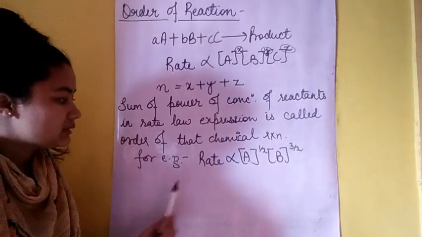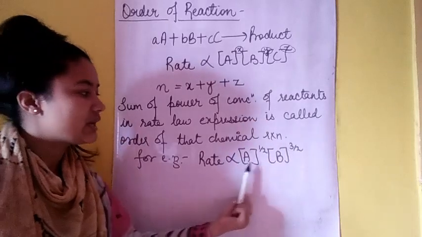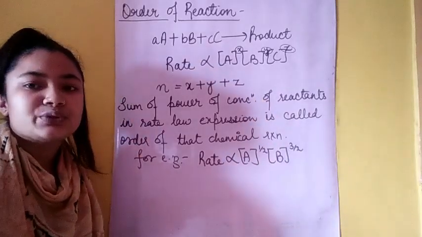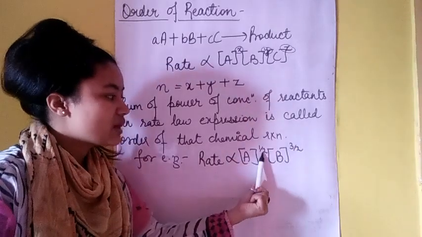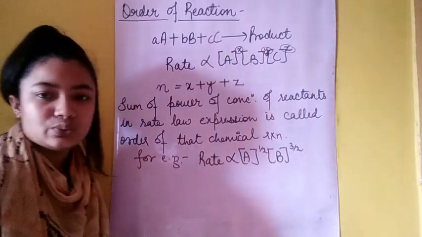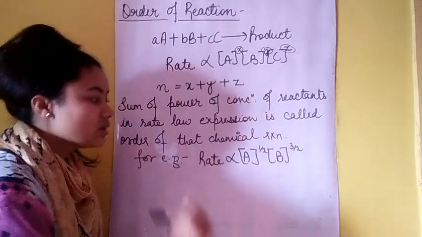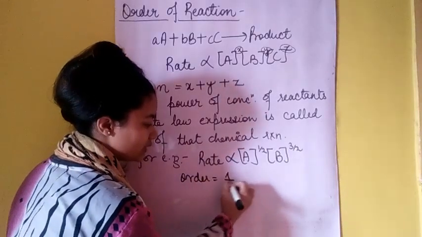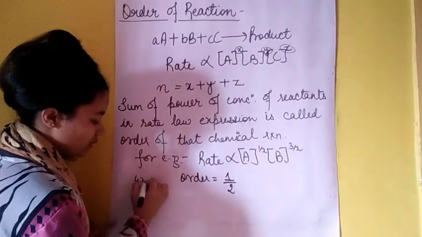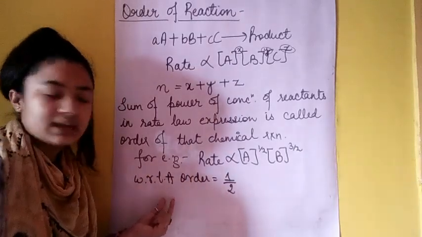Now for example, rate is given this. For a particular reaction in which A and B are reactants and it is producing some product. So A raised to the power 1 by 2 and B raised to the power 3 by 2. So now what is the order with respect to the A? So with respect to A, order is 1 by 2. This is with respect to concentration A, right?